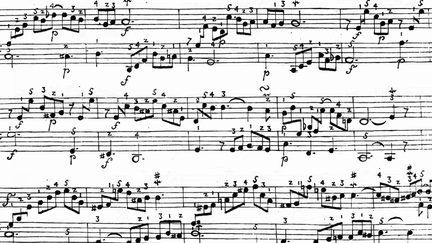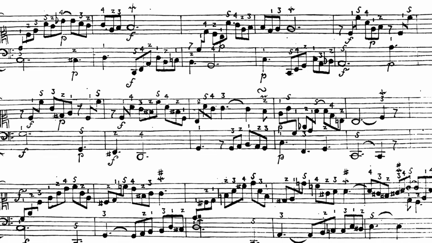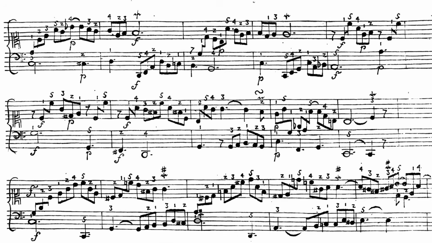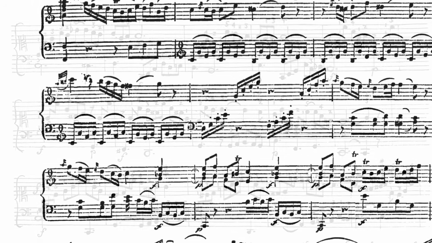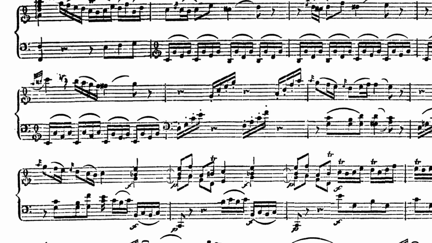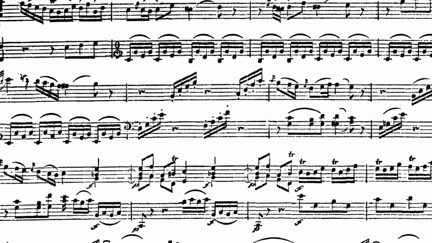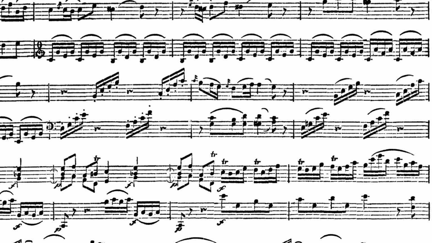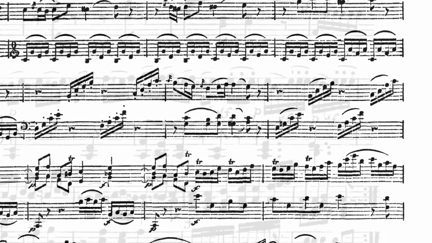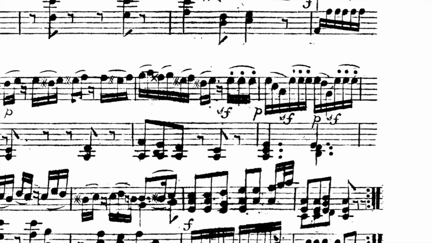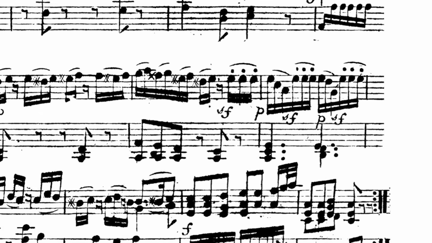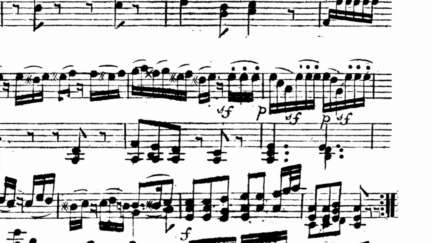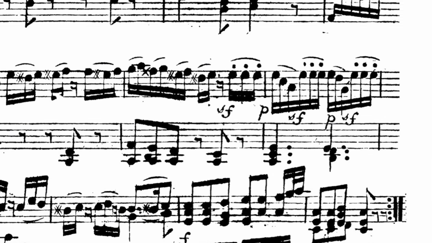Beginning in the 1750s, dynamic indications started to appear systematically. Over the following decades, what we now call articulatory markings, slurs, staccato dots, and related signs, became increasingly common. By the late 1770s, composers were employing markings such as sforzando and a wider range of dynamic nuances.